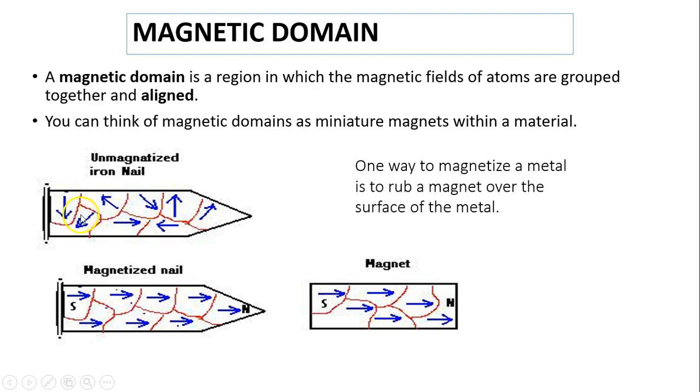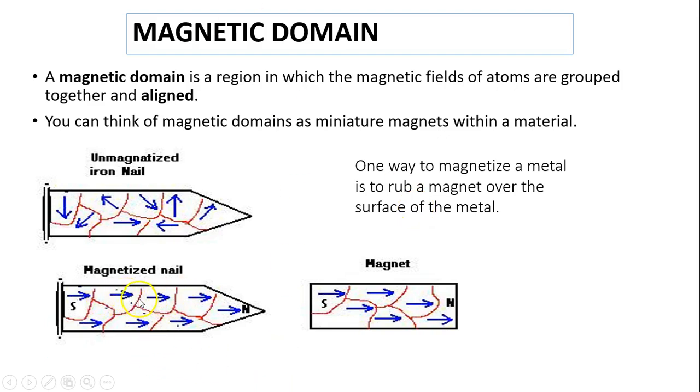Each area is called a domain. They are like miniature magnets within the material. However, as you can see, these two cancel, up and down may cancel, because they are in opposite directions. The one that doesn't cancel may have a slight magnetic property.